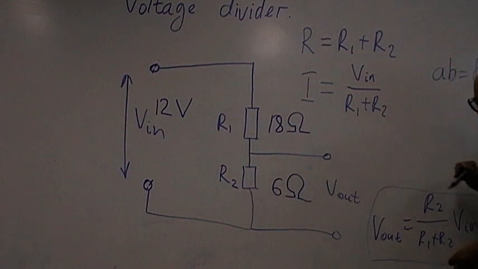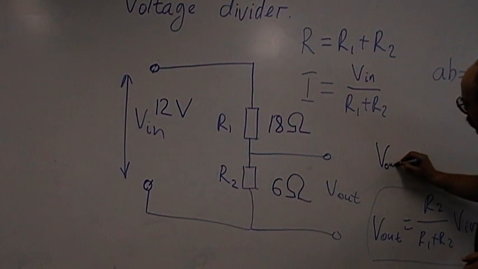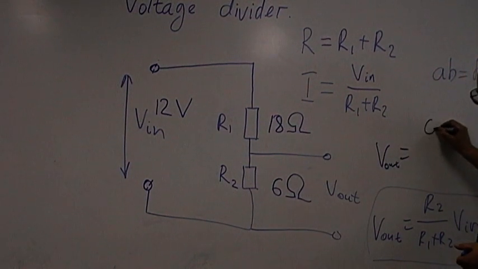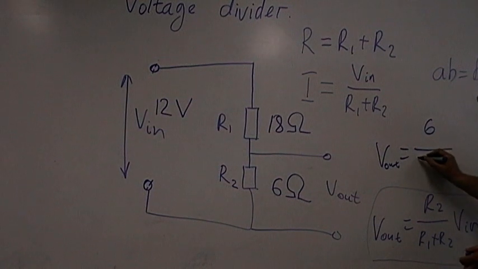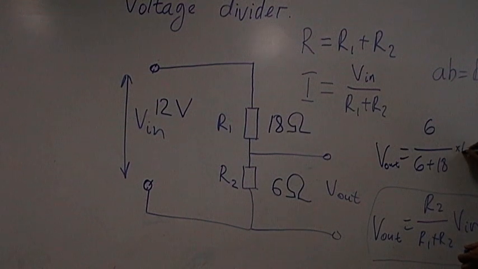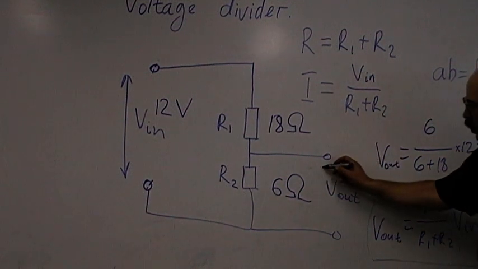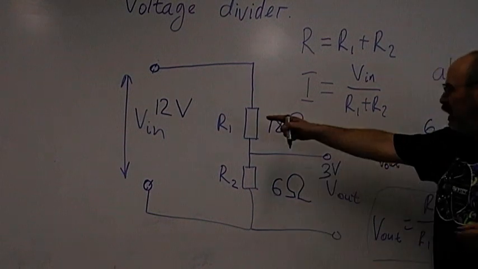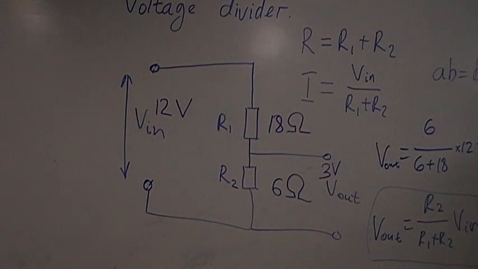Substituting numbers, voltage out will be equal to 6 over 6 plus 18 times 12, and that equals 3 volts. So we have 12 volts, and we get 3 volts output.